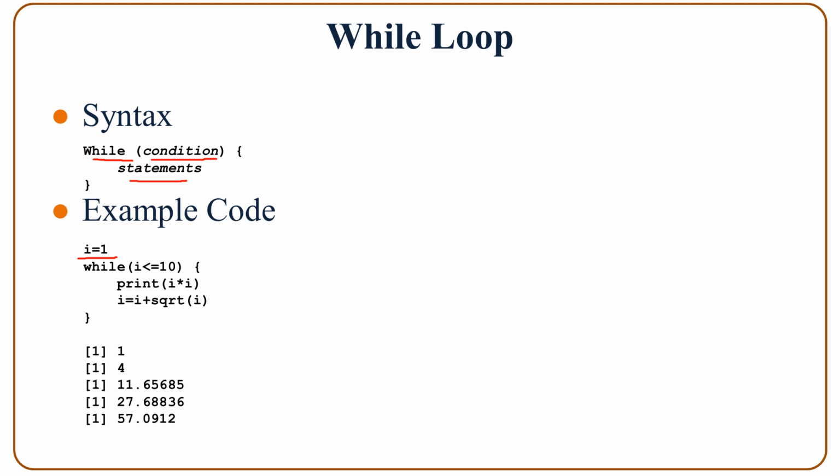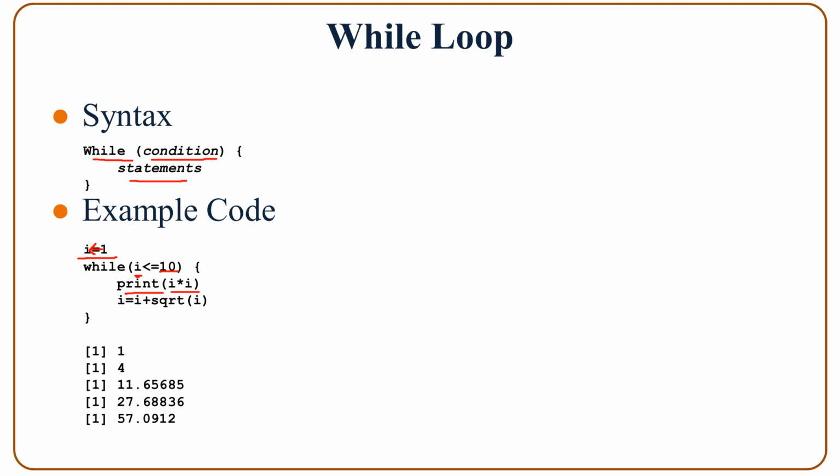There are several ways to do so in R. So while i is still less than or equal to 10, you print i times i. And then take the square root of i, and then add it to i, and then store the whole thing again in i, and loop again and again.